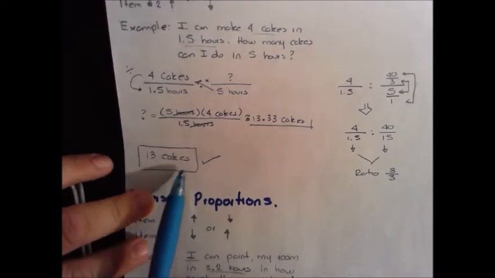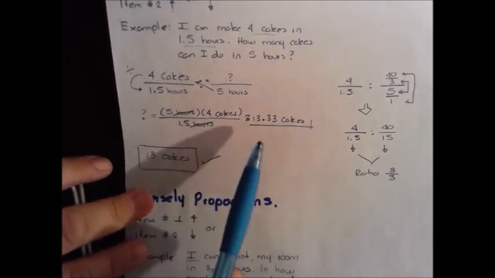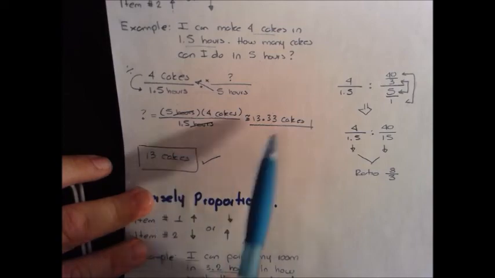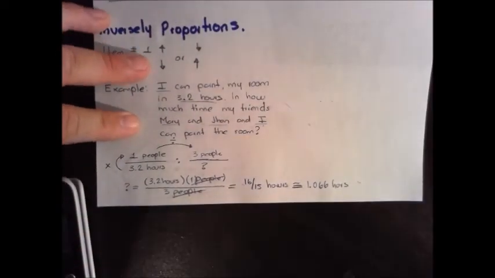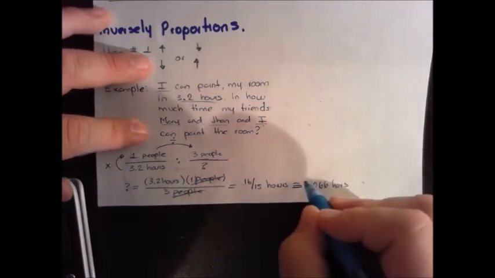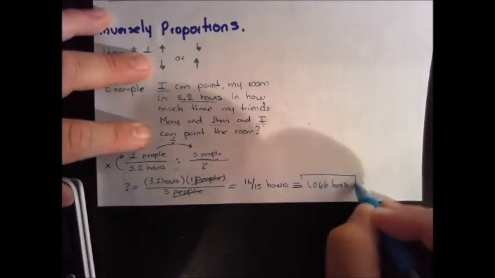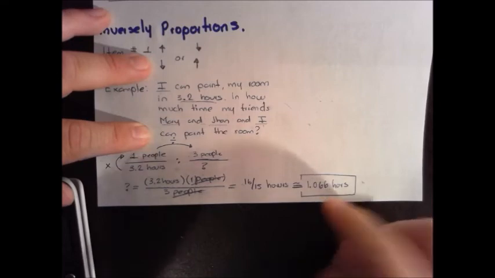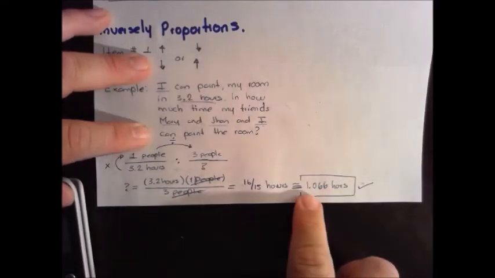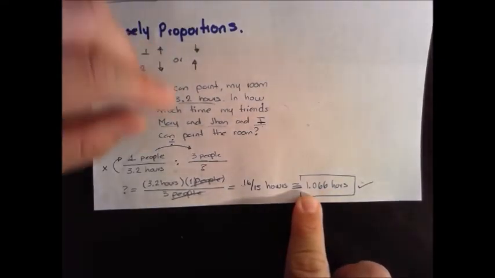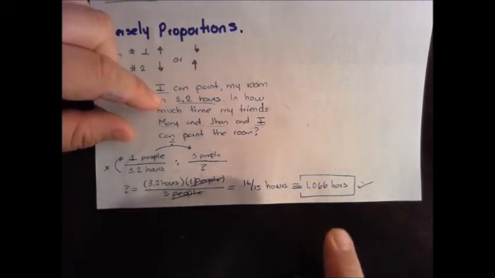In difference with the other example, the cakes, where I needed to round because of the problem, here I'm talking about time. Time is continuous data. So this is going to be the answer: 1.066 hours. I don't need to round it.